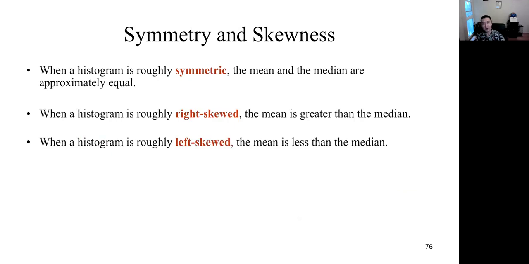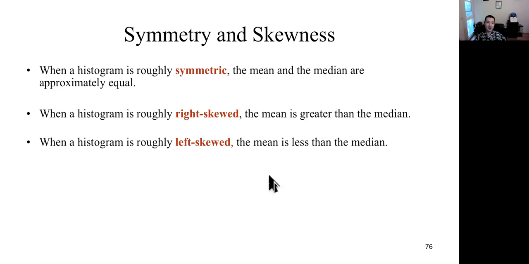Last time we talked about the mean and the median. These two parameters are very similar. If the histogram is symmetrical, then the mean value and the median will be very close to each other. If the histogram is right skewed, with a longer right-hand tail, then the mean value will be larger than the median.